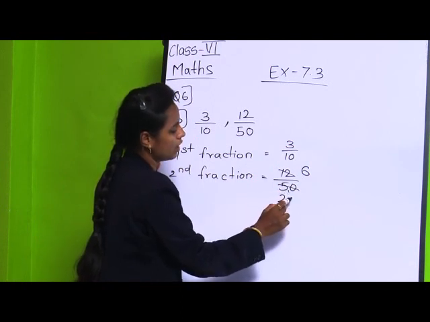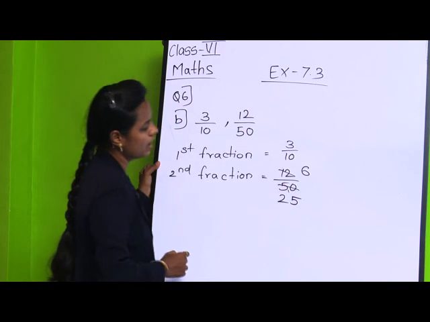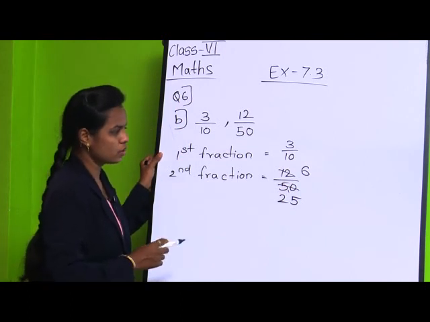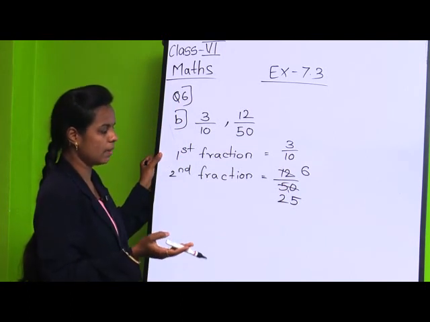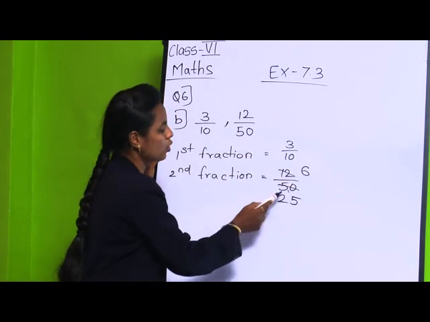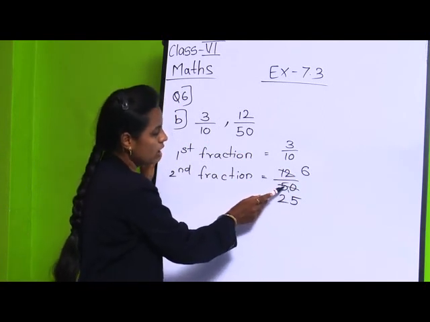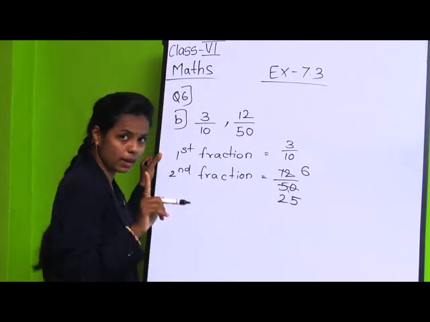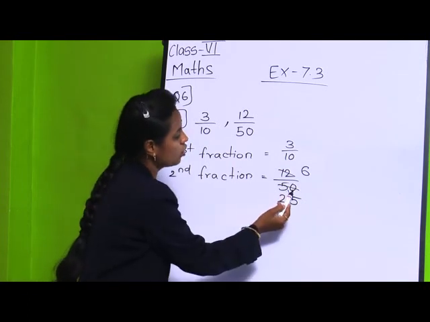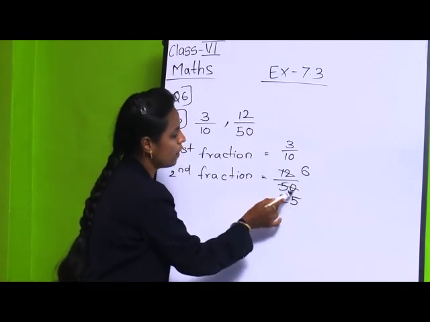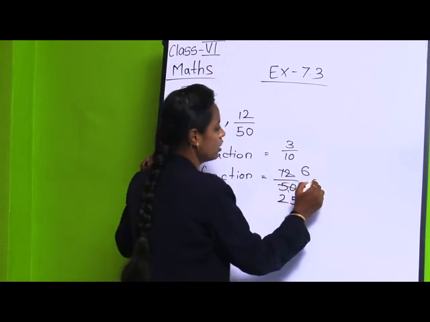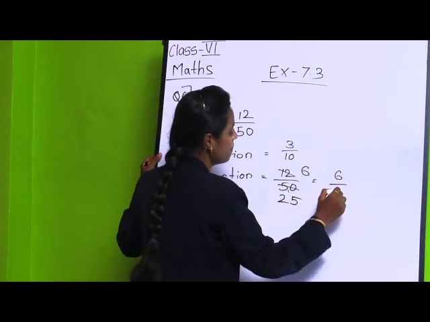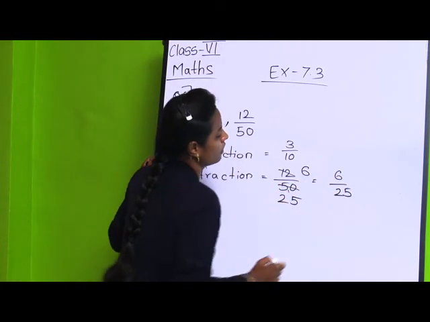So, it becomes 10. So, 2 5s are 10. So, both can go in one table, that is 2. And we got the lowest term as 6 by 25.